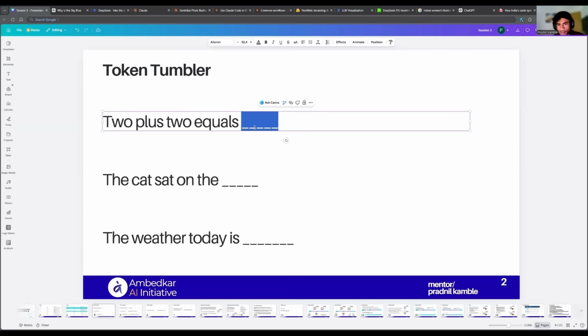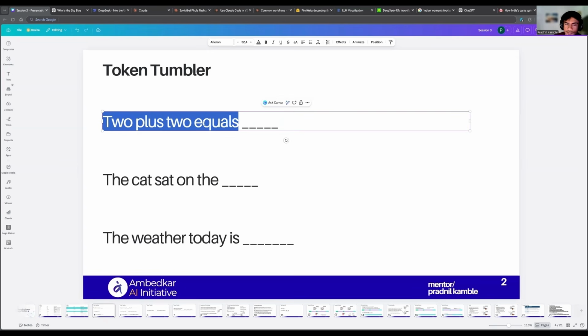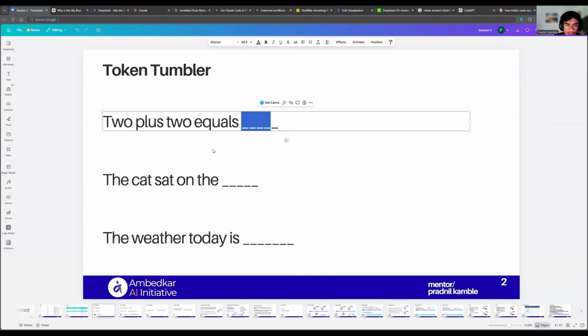I think it's 4, right? That's the common answer that would come up. The reason we came up with this answer is because we follow the sequence of our sentence, and we know the context of this sentence. We know that it's trying to add 2 and 2, and we know that it's 4.